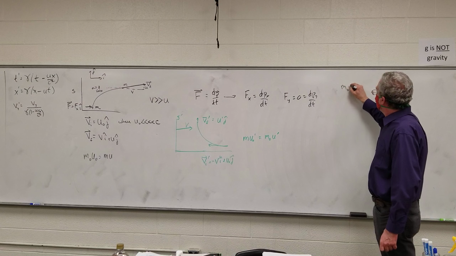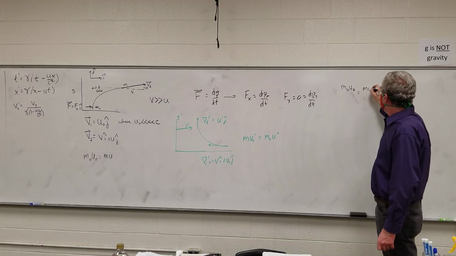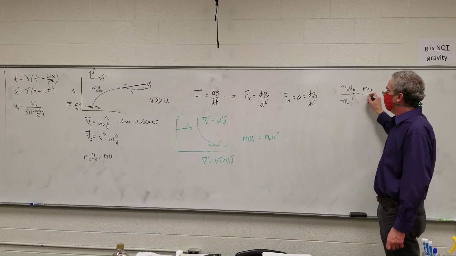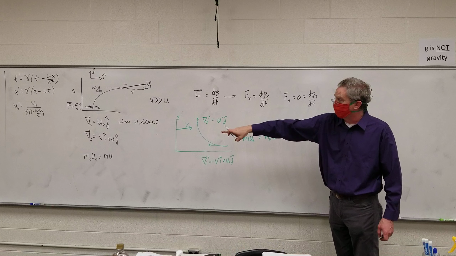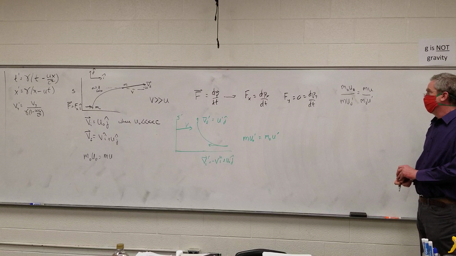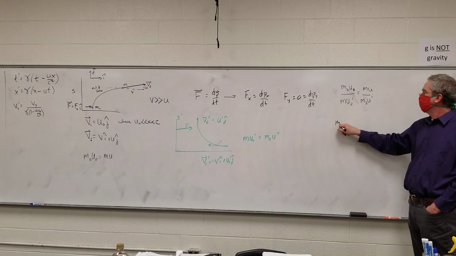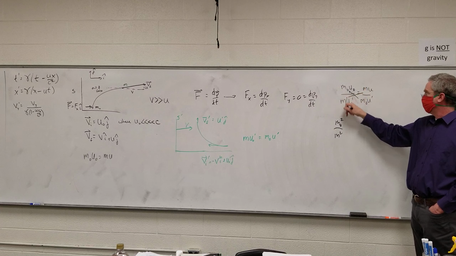So I got m naught u naught equals m u, and then I'm going to divide by m u naught prime and m naught u prime. So just basically taking that equation over there and dividing by this equation. I'm going to get the m's together, so I got m naught squared over m squared, bringing that up and this down.